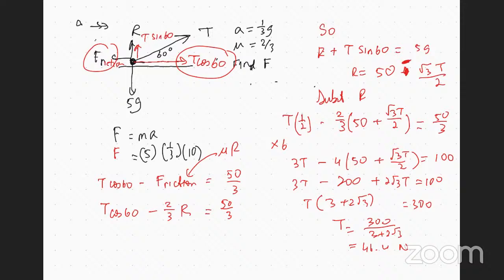So it's 50 minus root 3 on 2 T, and I magically get back plus here.